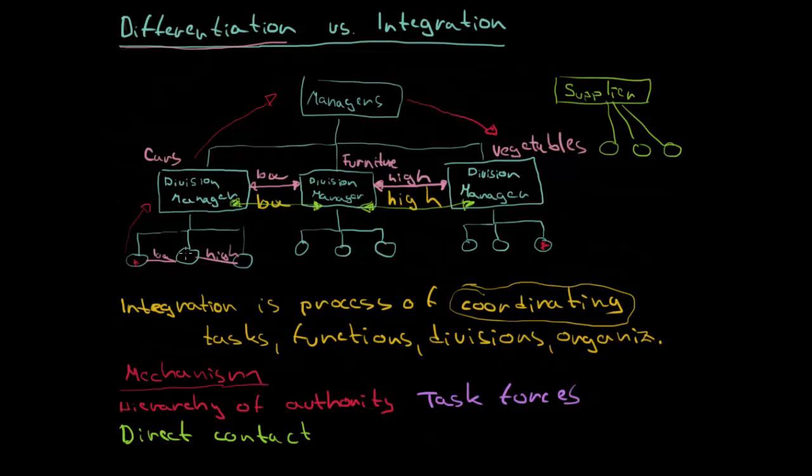So here would be one member of our task force, here another member, and another one, and then they would be grouped together. They would create a task force which would be responsible for solving some problem. And to have a nice overview of the situation, the manager can take part in this process also.